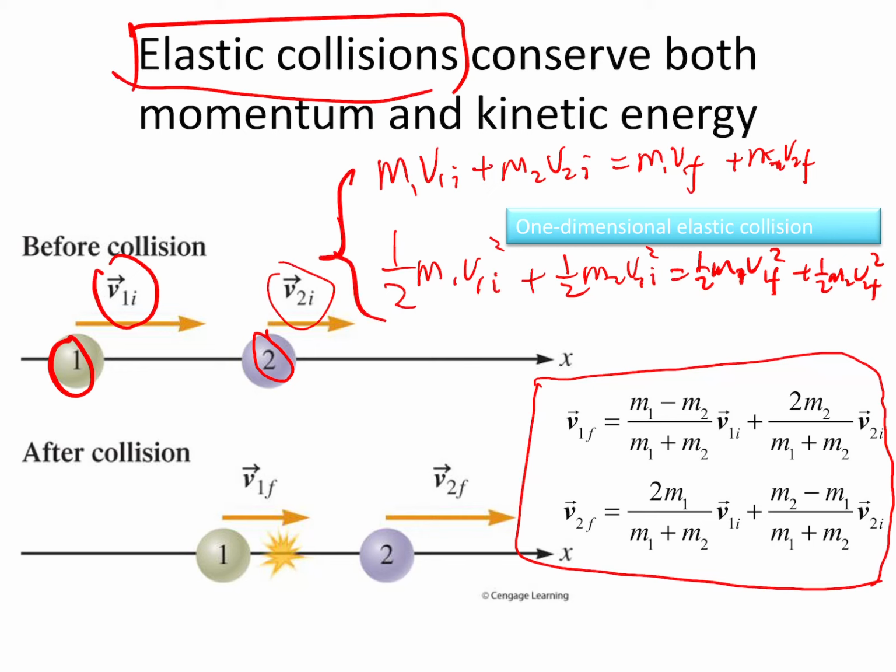Now you have 6 variables but 2 equations, so you just need 5 known quantities. And if you know these 4 variables, and you solve those 2 equations, you'll get this answer. That will be the solution to equations 1 and 2.